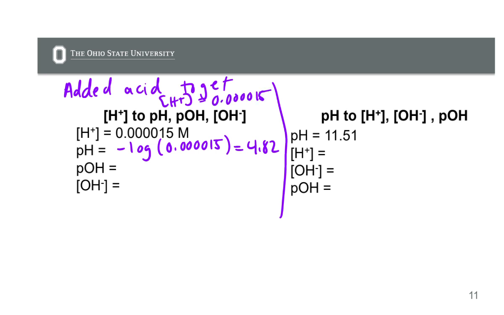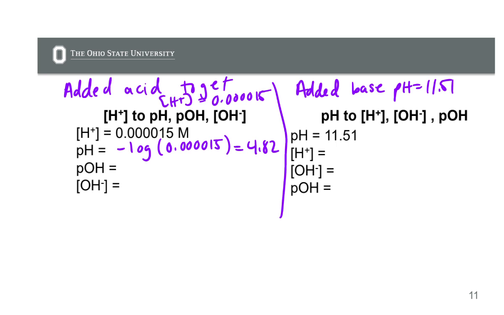And on the other side, we can say we added base to get a pH equals 11.51. Okay, that's a basic solution because it's greater than 7. pH is greater than 7. All right.